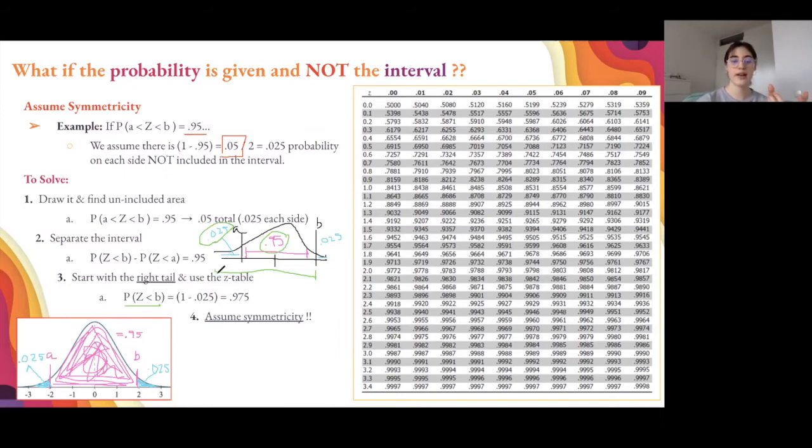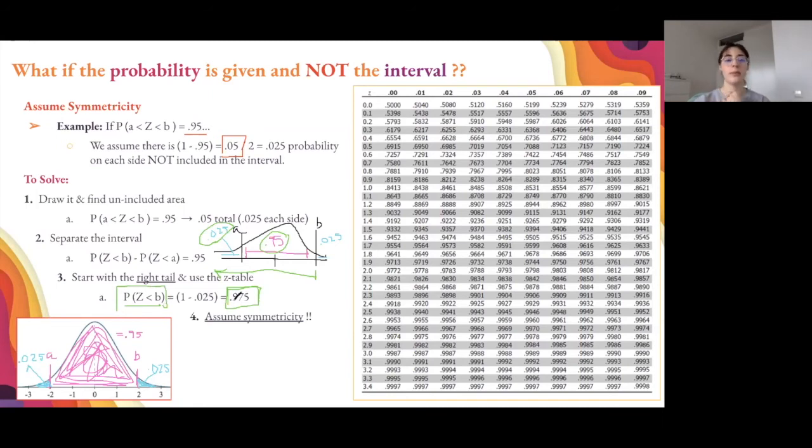But since we're trying to find just the probability that Z is less than B, we take into account both of these areas. So that's how we know that the probability that Z is less than B is equal to 0.975. This 0.95 from the interval plus this 0.025 that's technically not in the interval does count whenever we're just talking about Z is less than B.